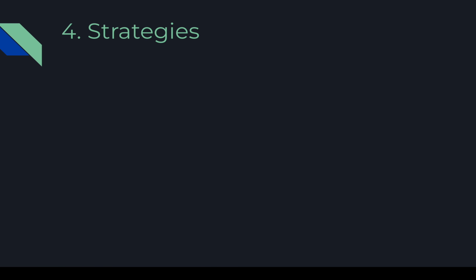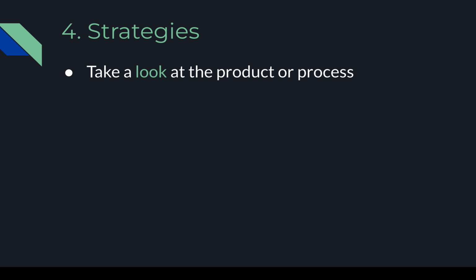Now that we talked about the different elements of a successful description document, let's talk about some basic strategies for success. You should definitely do your research and take a look at the product or process that you are describing. You should do the same thing with your audience. You should analyze their background, the knowledge that they're bringing to the table, their motivations, and so on.